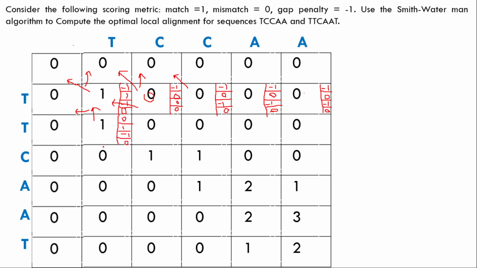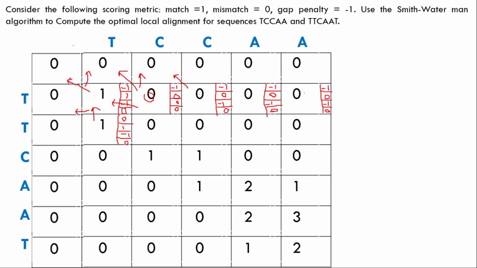Okay. So in traceback, as you remember, while we were dealing with the Needleman-Wunsch algorithm, I told you that you have to always start from the lower right corner, and you have to reach finally up to 0. But here is the modification. What is the modification?